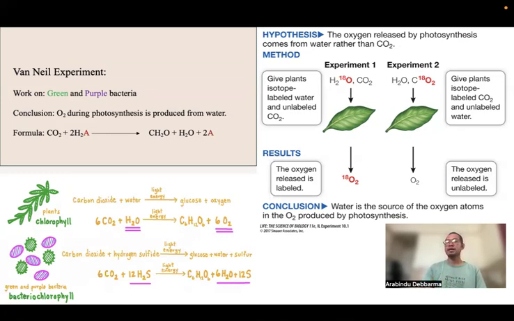Hence, it proves that the oxygen we get during photosynthesis is split out from the water molecule, not from the carbon dioxide. I think this is very clear. The experiment conducted so far checks which molecules are required during photosynthesis, and whether the oxygen is produced from the water molecule or the carbon dioxide.